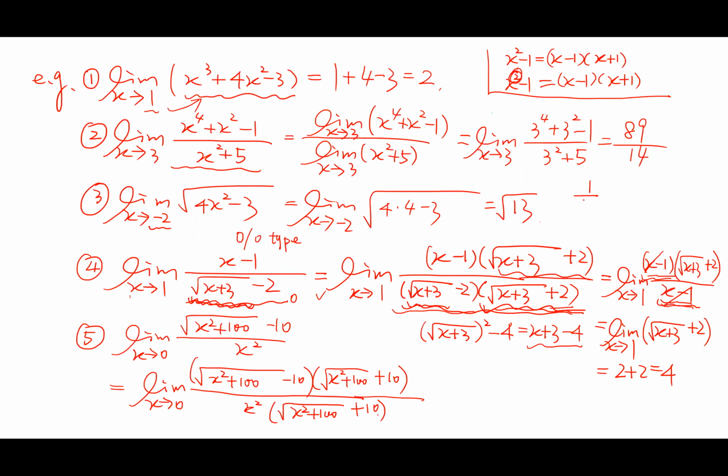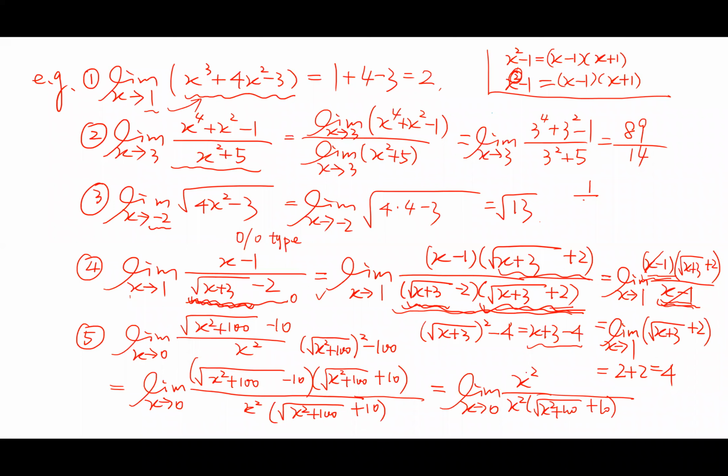So for the numerator, we simplify it. That equals square root of x squared plus 100 squared minus 100, that is x squared, right? And the denominator, that is x squared times square root of x squared plus 100 plus 10.